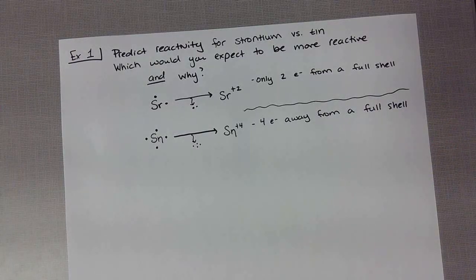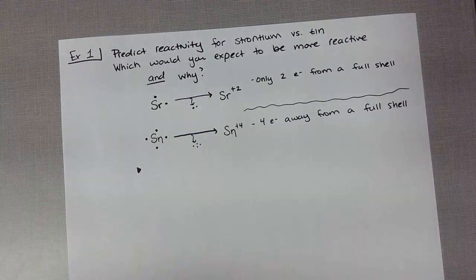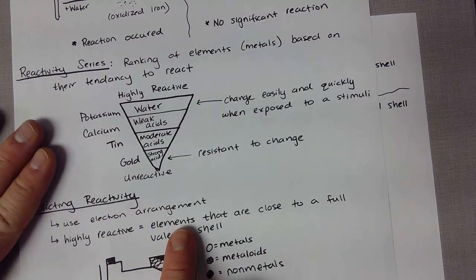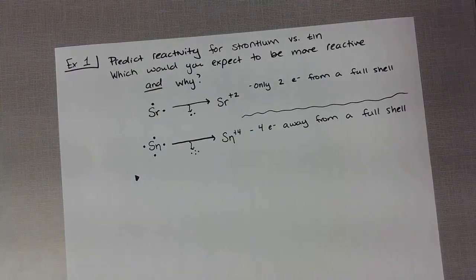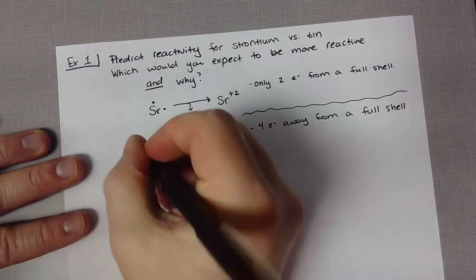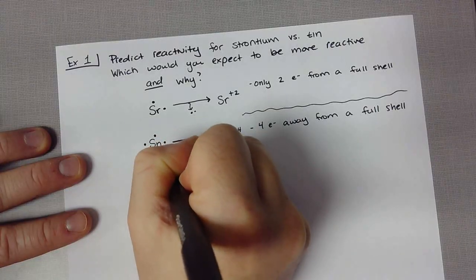So now that we've identified the difference, we can make a prediction using our rules. Which one would we predict would be more reactive? Well, we said elements that are closer to a full valence shell are more reactive, which means we would predict that strontium would react more violently or readily.